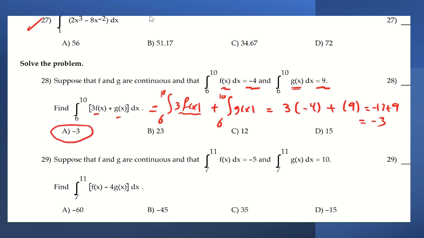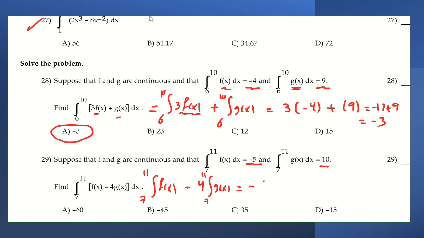For the second one, I have integral from 7 to 11 of f of x is equal to -5, and integral from 7 to 11 of g of x is equal to 10. So what is f of x minus 4g of x? So it's integral from 7 to 11 of f of x minus 4 times the integral of g of x from 7 to 11.